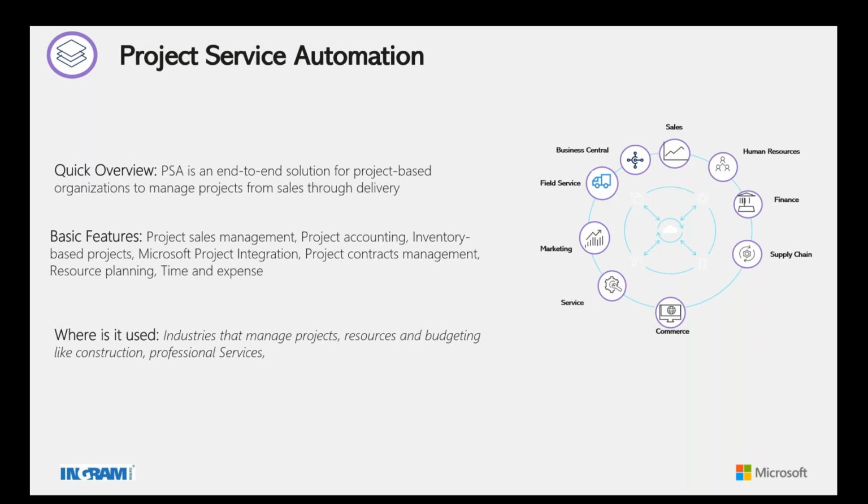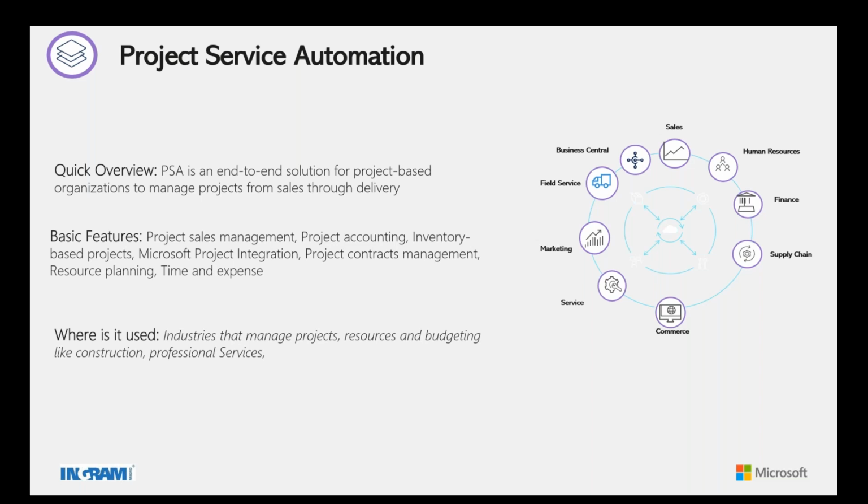So when your stakeholders or client is asking, or there is a requirement, for a project management software that can handle project sales management, project accounting, inventory-based projects, project contract management, resource planning, time and expense scoping, then Project Service Automation is the right app for you.